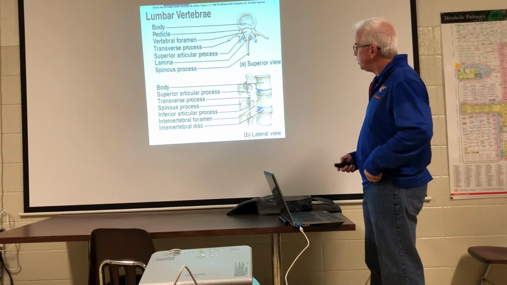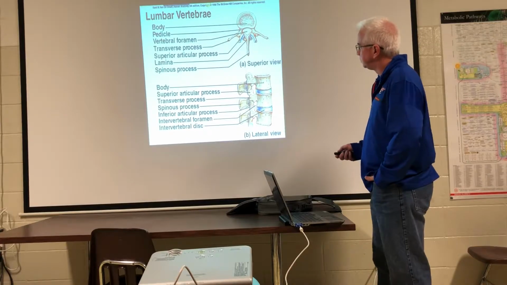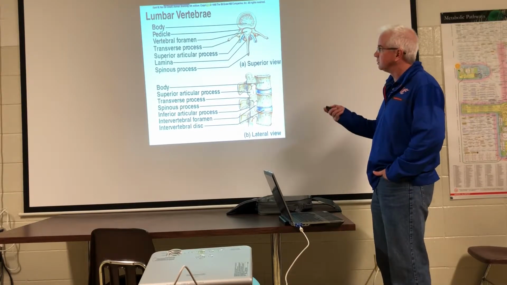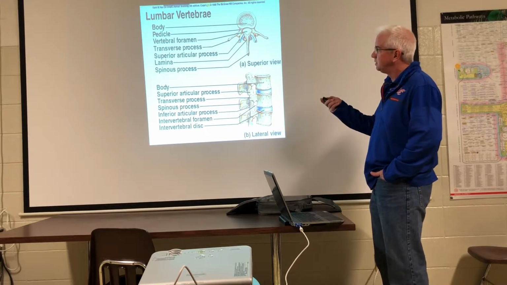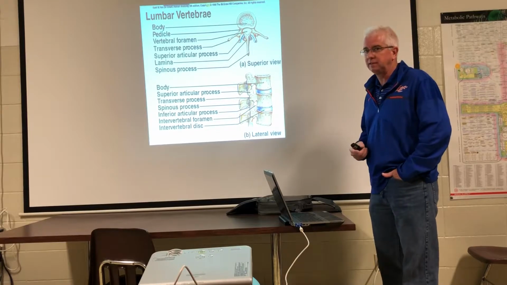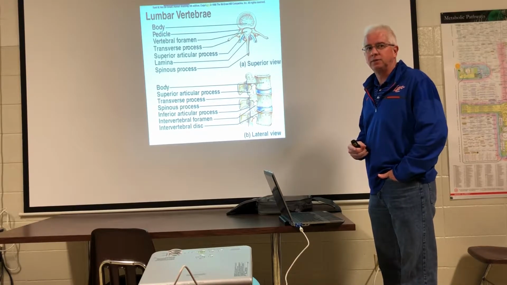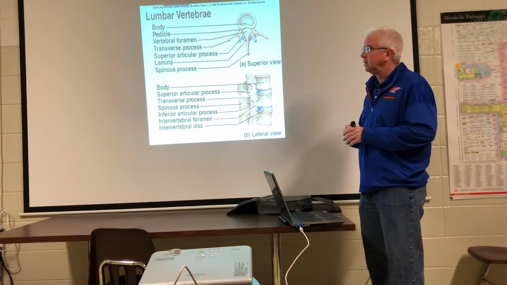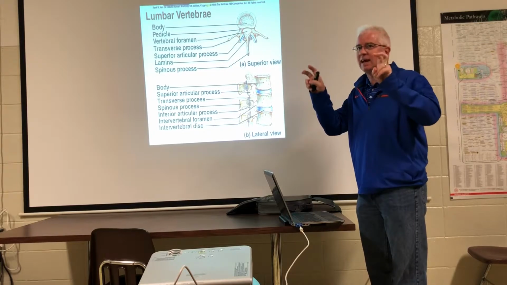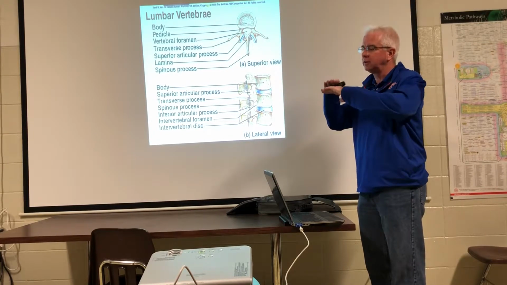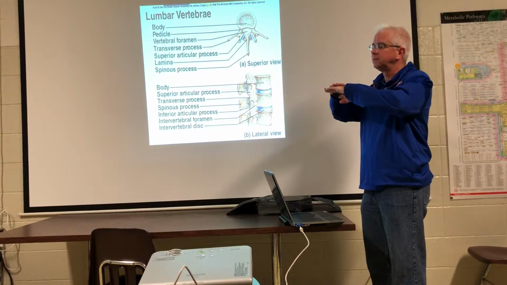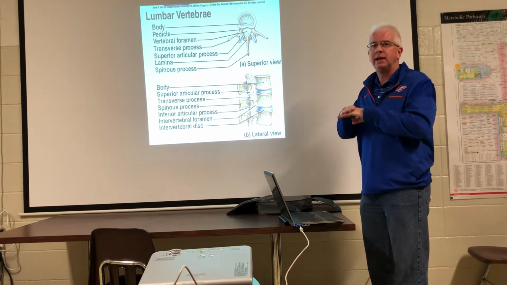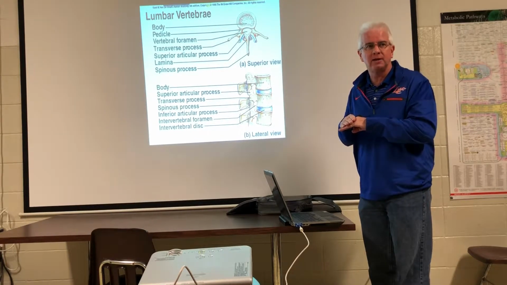However, when you get to the lumbar bones, the superior articulating processes or facets take on a different angle. Can you see it? So the facets of the cervical and thoracic bones, these all famous zygapophyseal articulations, those facets articulate in a true superior-inferior fashion.